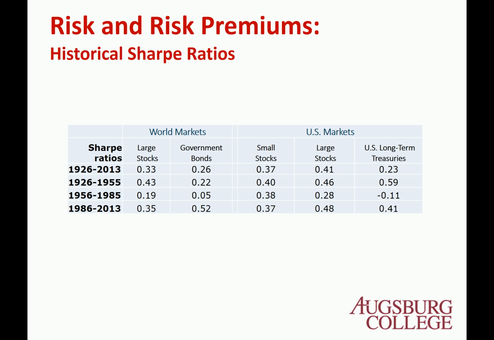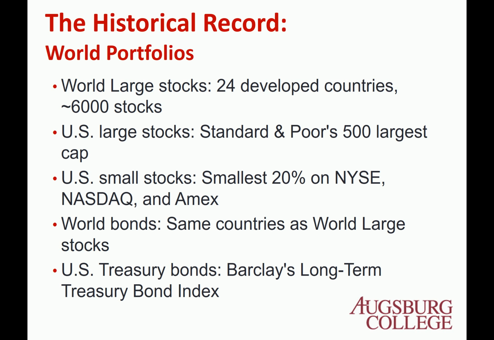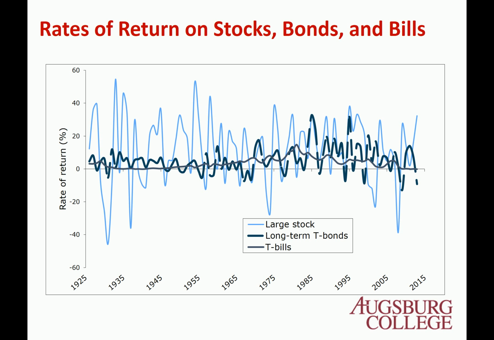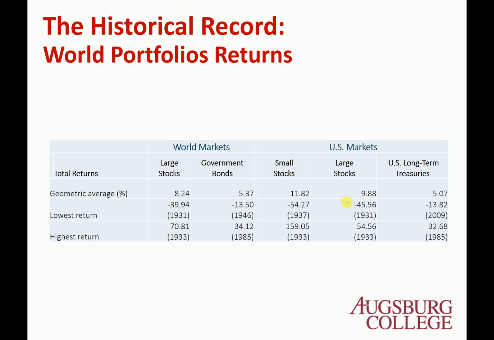This is the historical Sharpe ratio. You can see the world market and US market, and based on this information you can just read it. And this is another, like world portfolio returns, see the return, variance and the volatilities. See, T-bill is pretty stable. This is long-term bond, less volatile, and large stock has higher volatility, but it actually shows, I believe, a higher return than long-term treasuries, right?